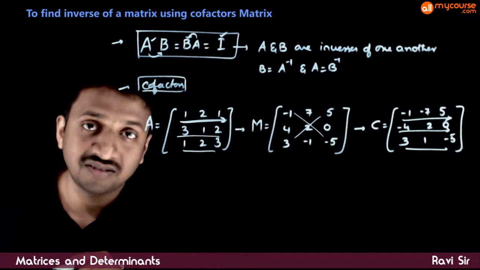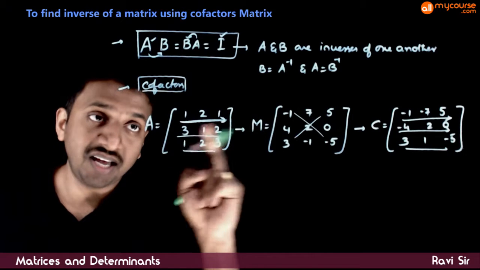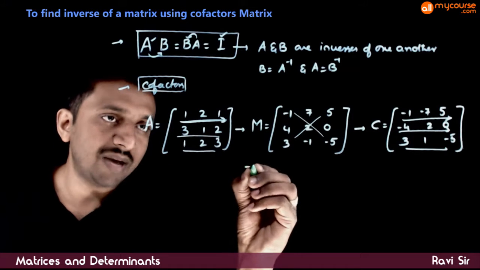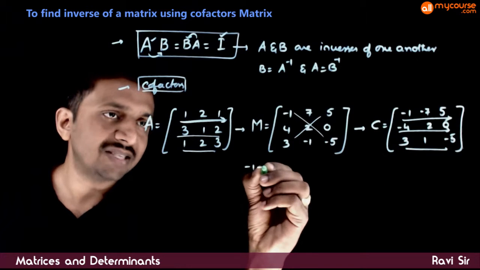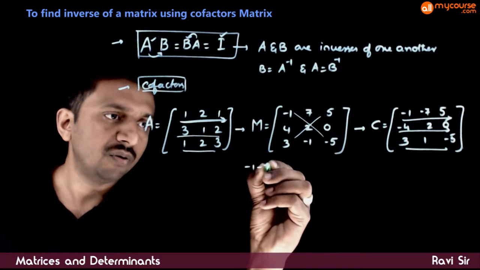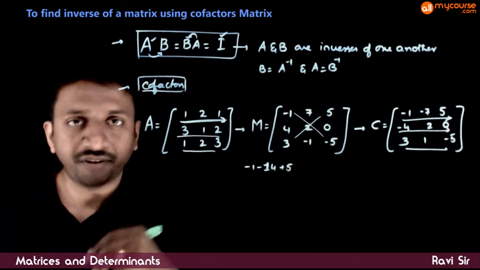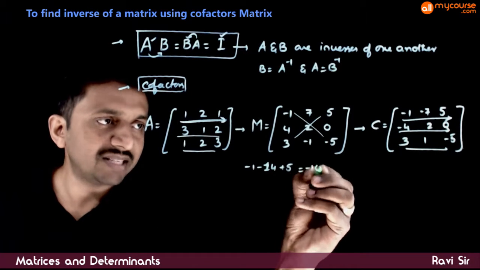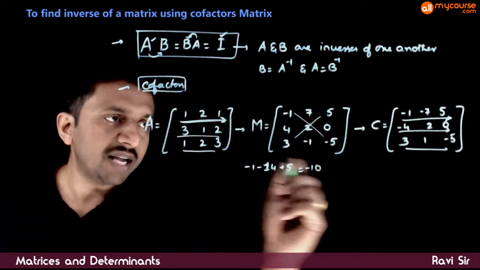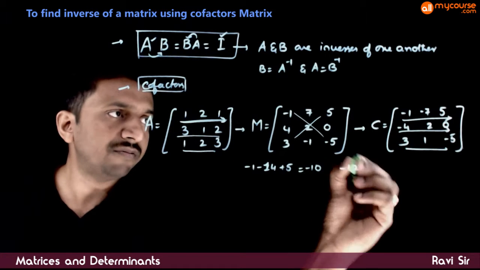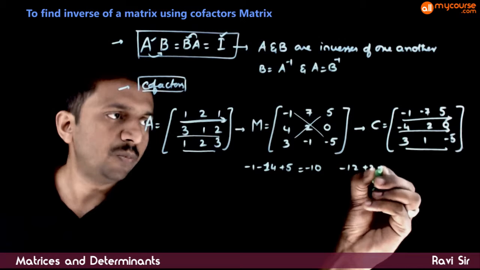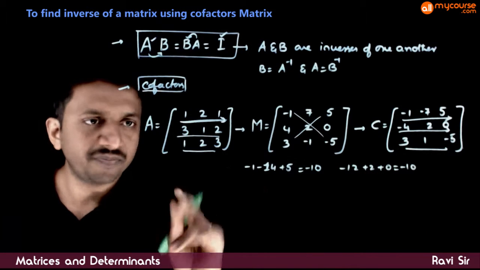We have already checked this. If you want, you can check it again. 1 into minus 1 is minus 1. 2 into minus 7 is minus 14. 1 into 5 is 5. So you get minus 10. Second row into second row, minus 12 plus 2 plus 0, again minus 10.